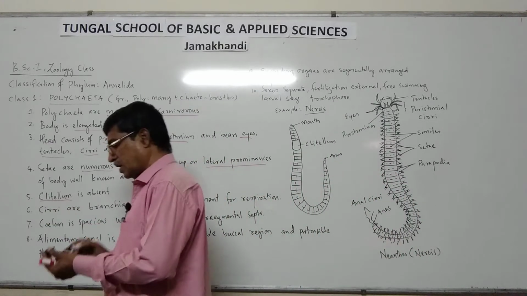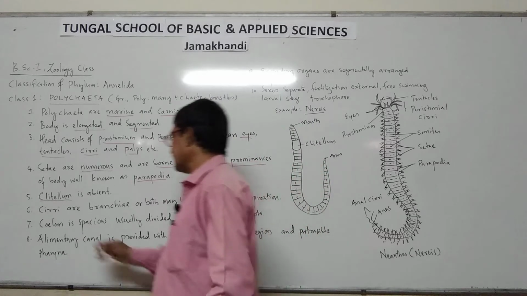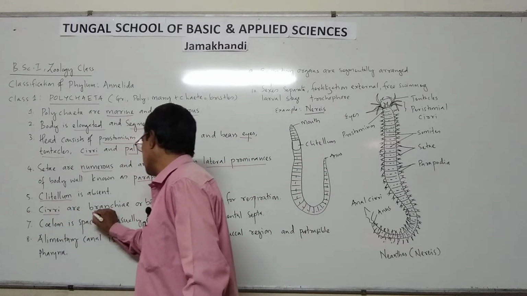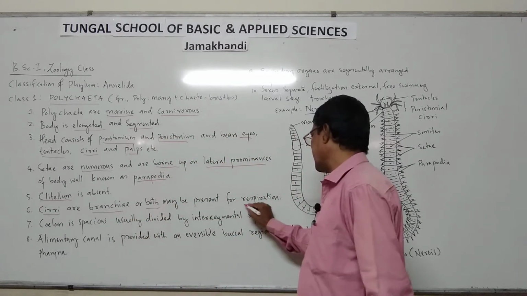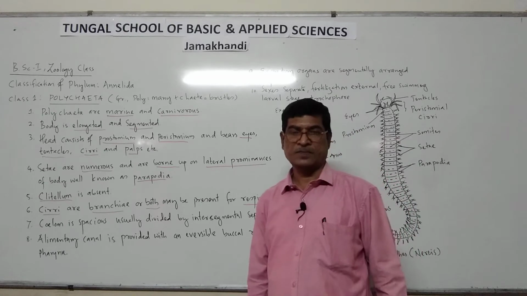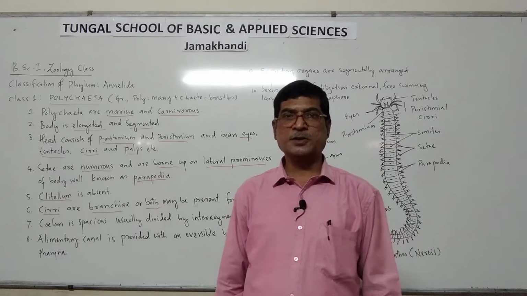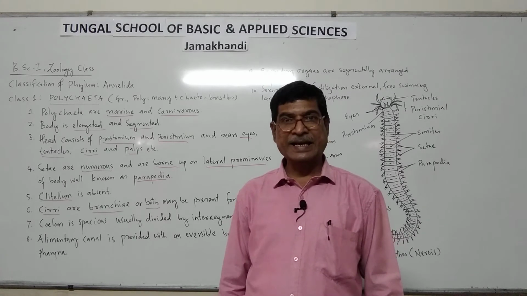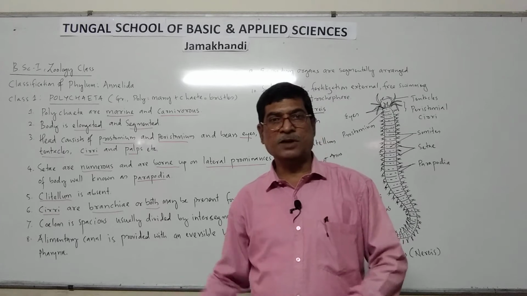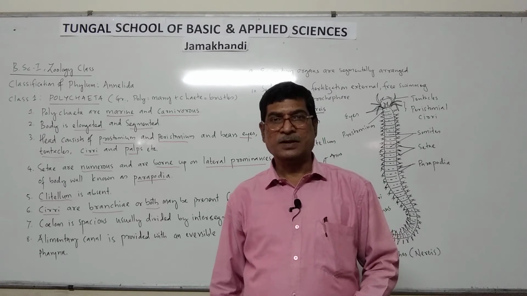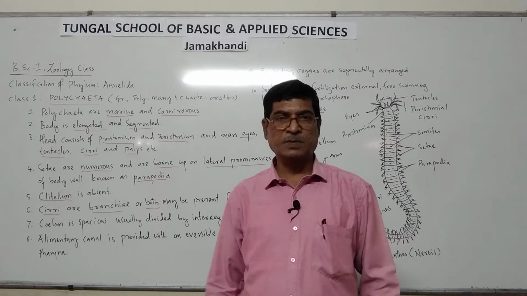Cirri, branchiae, or both may be present for respiration. So respiration in polychaetes occurs through cirri or branchiae or both. In earthworm, there are no such structures for respiration.